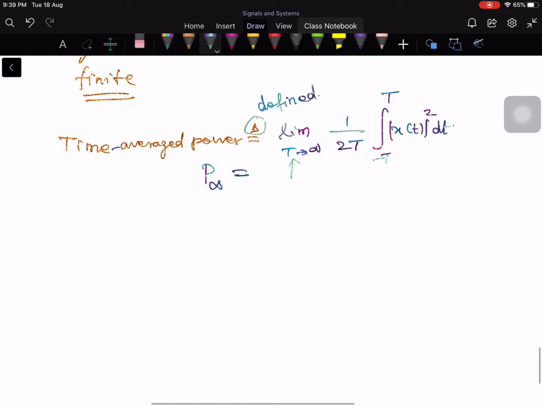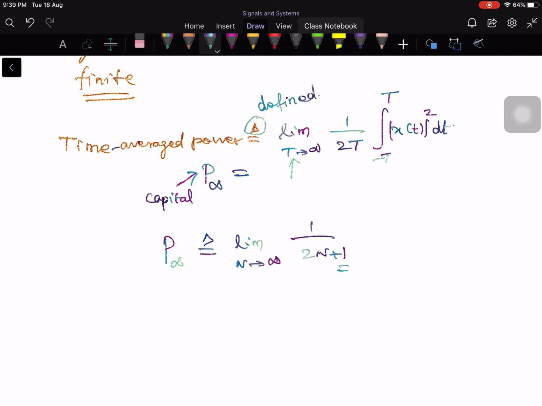And for the discrete time case, P suffix infinity, with a capital letter P, is defined as the limit N goes to infinity of 1 over 2N plus 1, because one more sample is sitting at the origin, times the sum from n equal to minus N to plus N of the discrete time signal, take modulus and then square it.